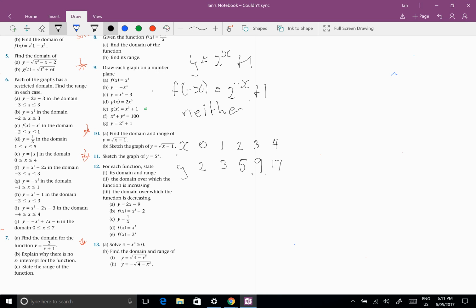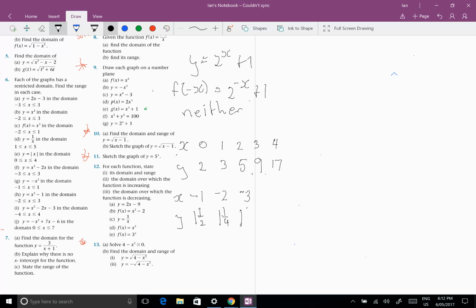Okay, so I've got all those positives there. Let's try some negatives. Negative 1. 2 to the negative 1, well, that's a half. And a half plus 1 is 1.5. 2 to the negative 2, well, that's a quarter. Plus 1, oh, that's 1.25. 2 to the negative 3 is an eighth.